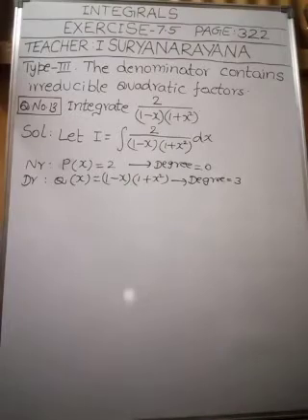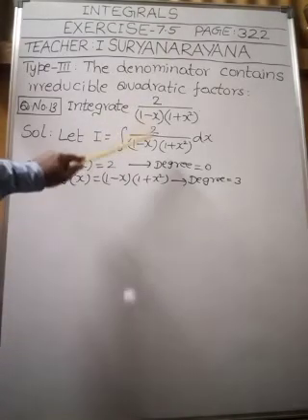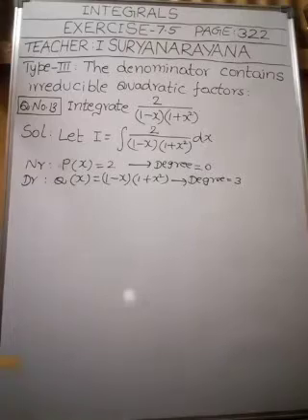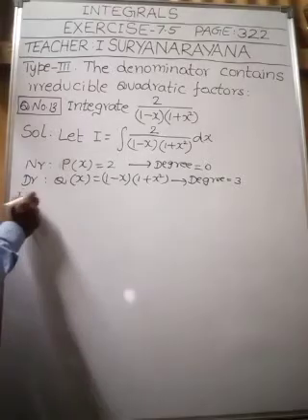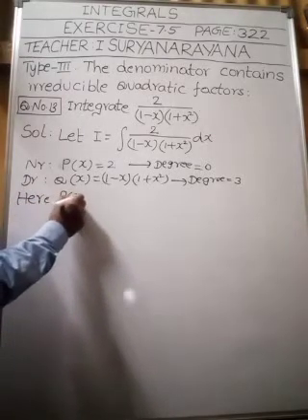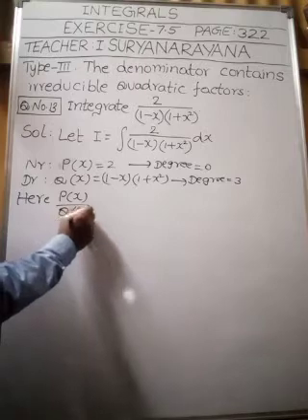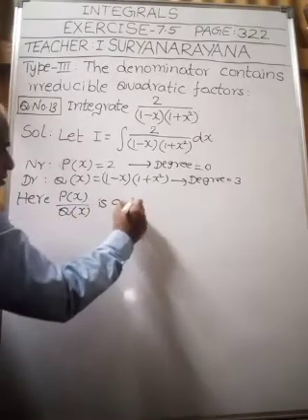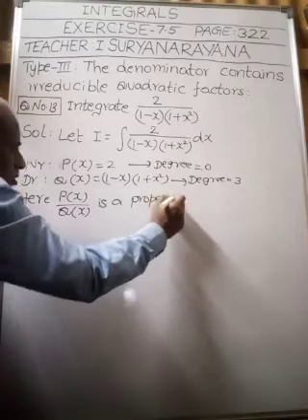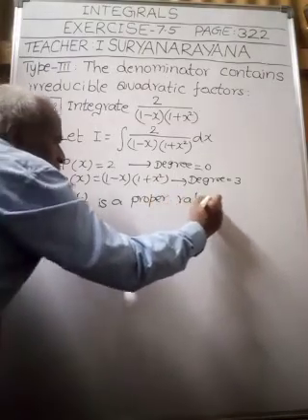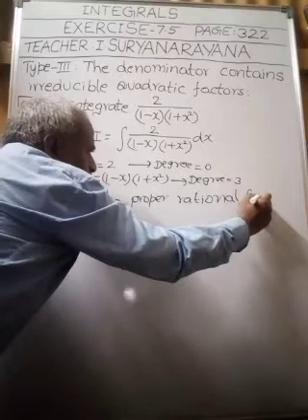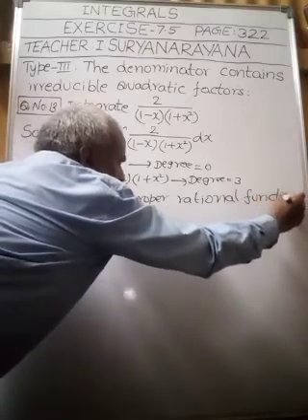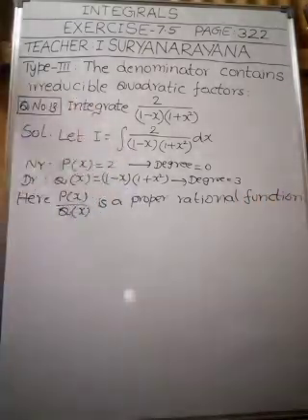First we have to check whether the given rational function is a proper rational function or not. Only for proper rational functions do we use the partial fractions method. Here p of x by q of x is a proper rational function.